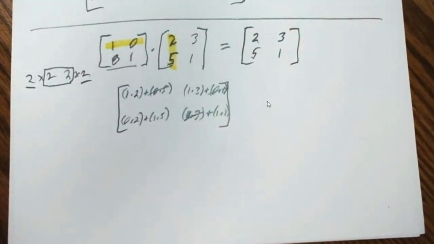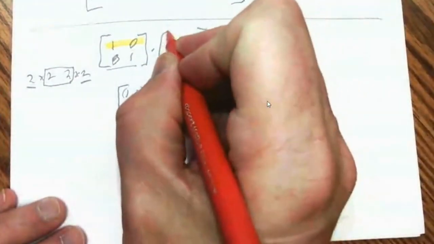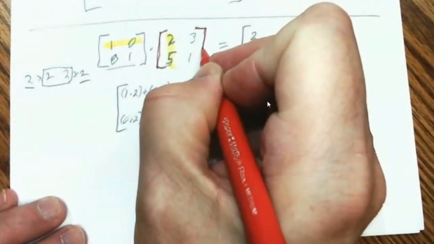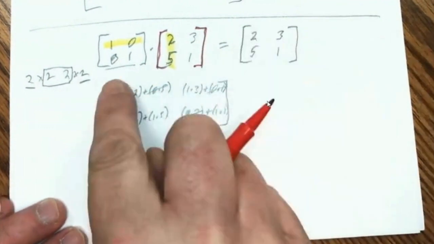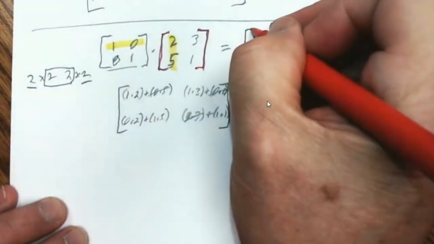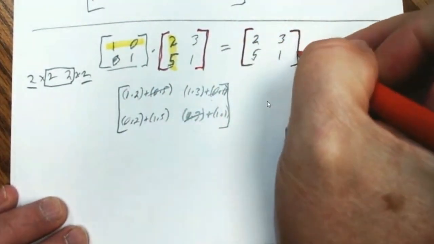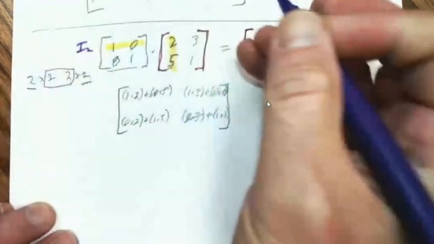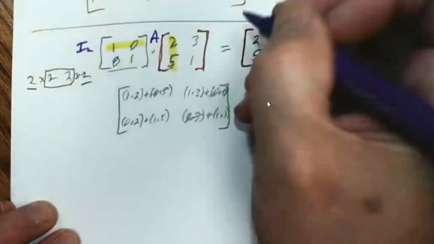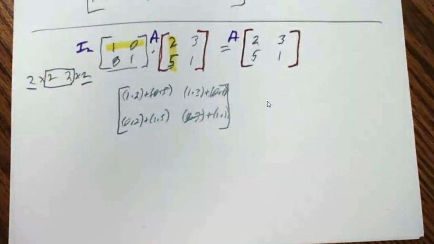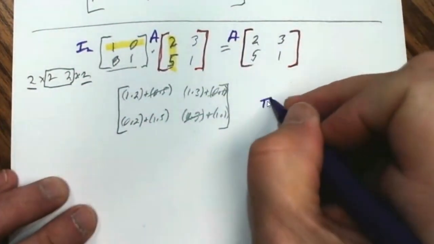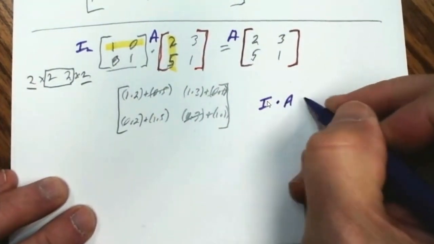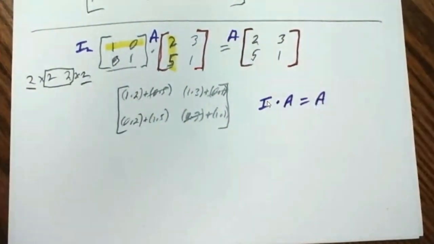Well, looky there. We multiplied this matrix times the identity matrix, and look what we ended up with. If this was an identity matrix, and this was A, what did we end up with? A. So the identity matrix times A equals A.